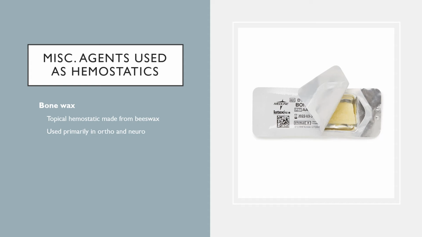The way that we use this is we will just pull off a small piece, usually a corner at a time, and we'll roll it between our fingers into little balls, and then we deliver it to the surgeon on either the tip of a freer or maybe a key elevator or a peanut sponge, something like that. And they'll use that to get it down into the bone that we're using.